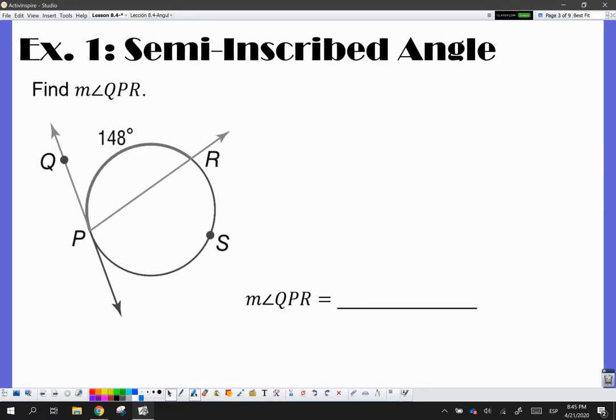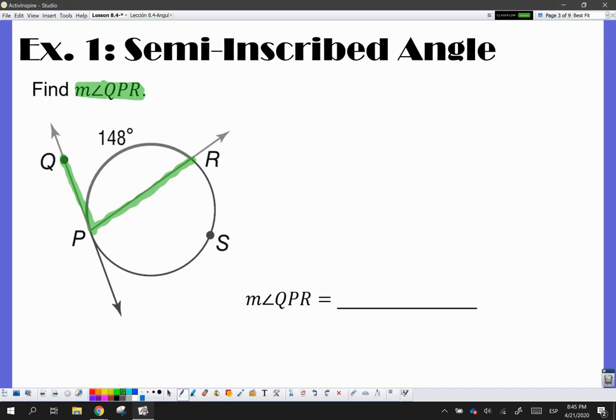So as always, a good rule of thumb is to highlight the things that we're trying to find, the information that we're given. So I'm going to outline angle QPR in green. So here I have point Q, here's point P, and here's point R. So my angle would look like that.